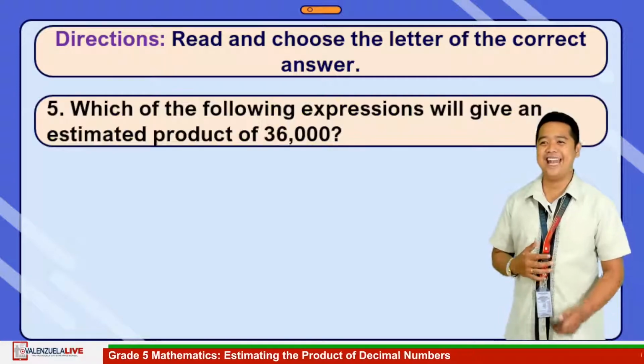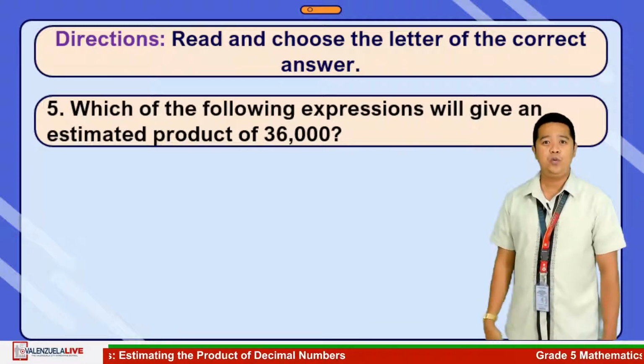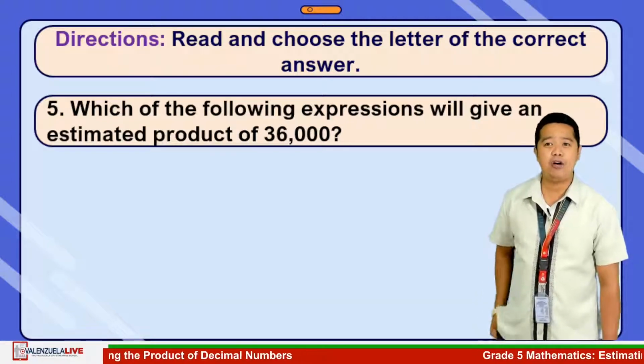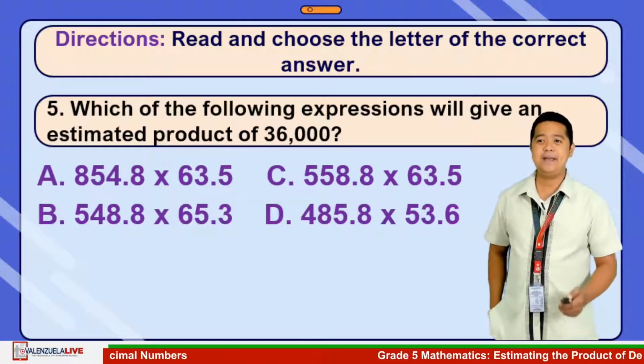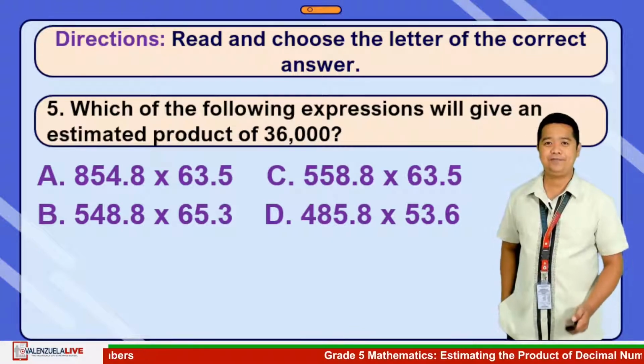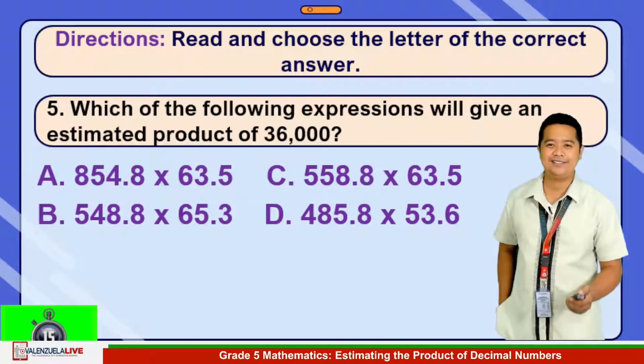Okay, grade 5. Last number. Which of the following expressions will give an estimated product of 36,000? So, letter A, B, C, or D. Again, you will have 15 seconds to answer.